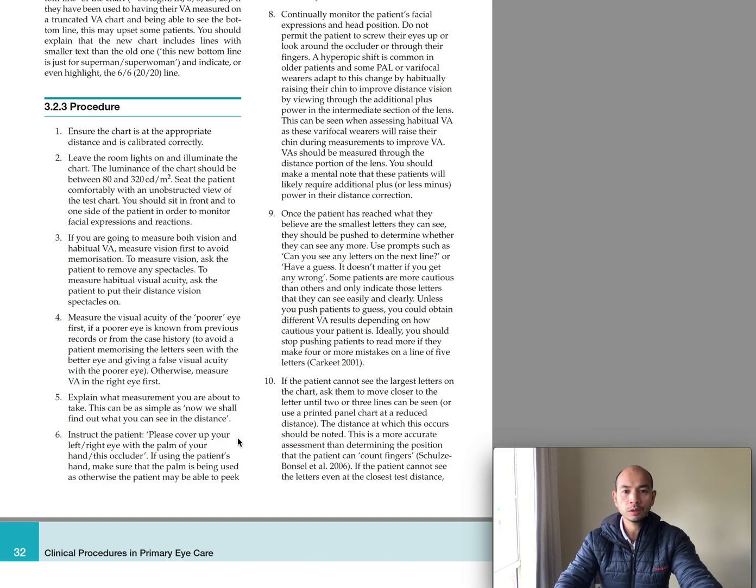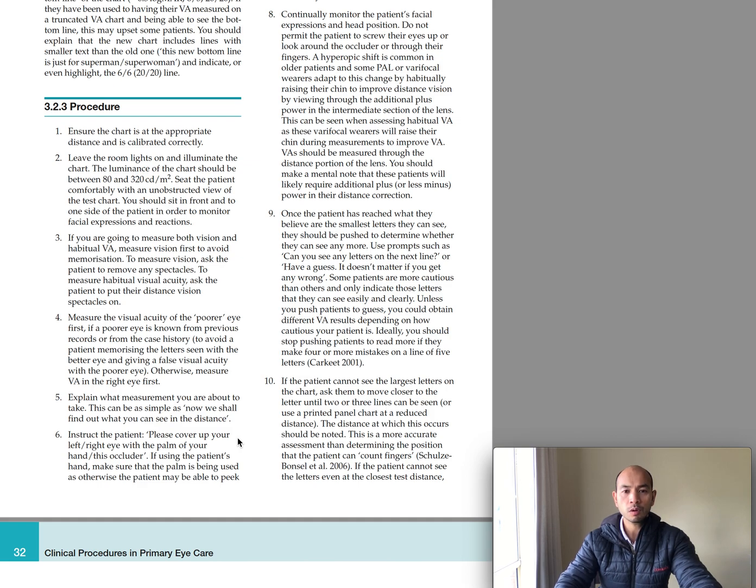Once the patient has read what they believe are the smallest letters they can see, they should be pushed to determine whether they can see any more. Use prompts such as, can you see any letters on the next line, or have a guess. It doesn't matter if you get any wrong.